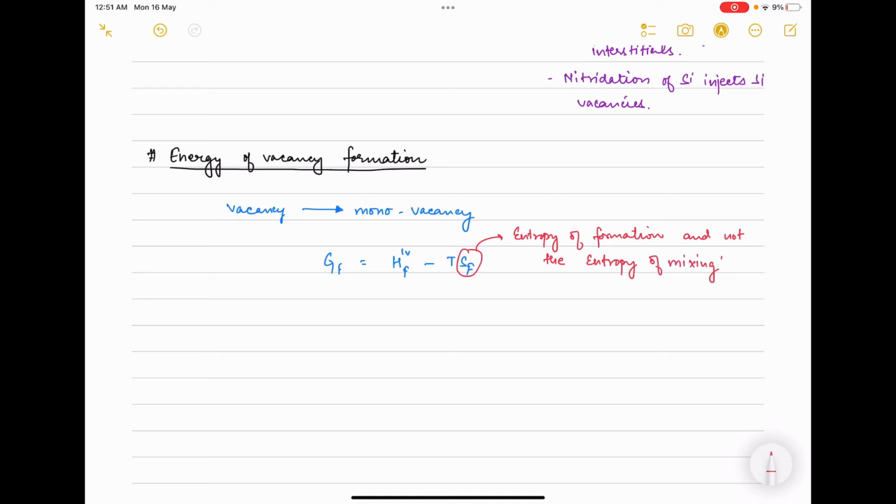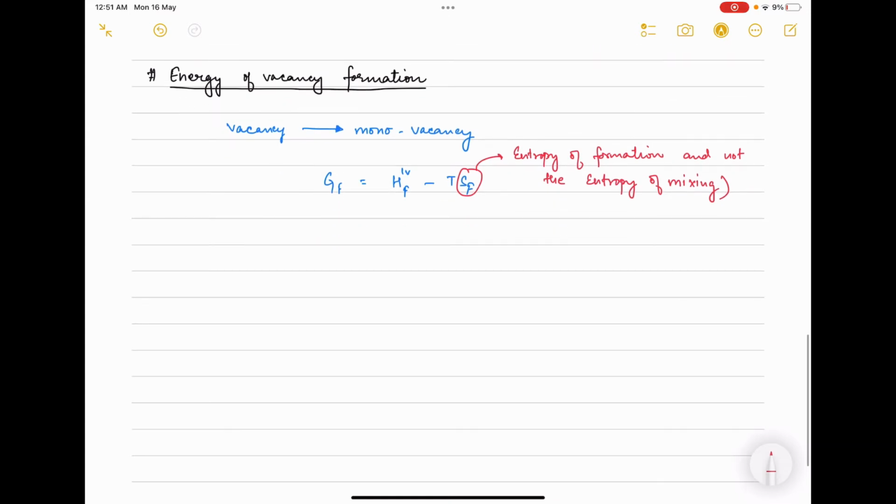Okay, so n is the number of vacancies or mono vacancies, whereas capital N is the number of lattice sites.